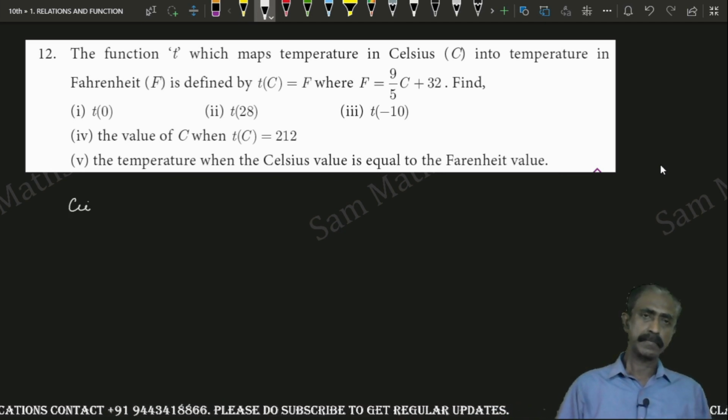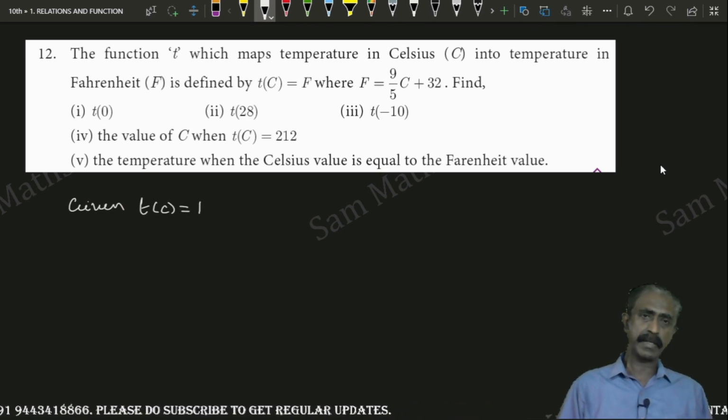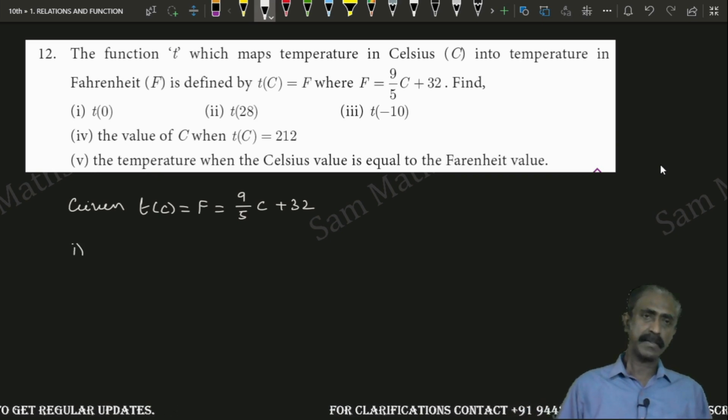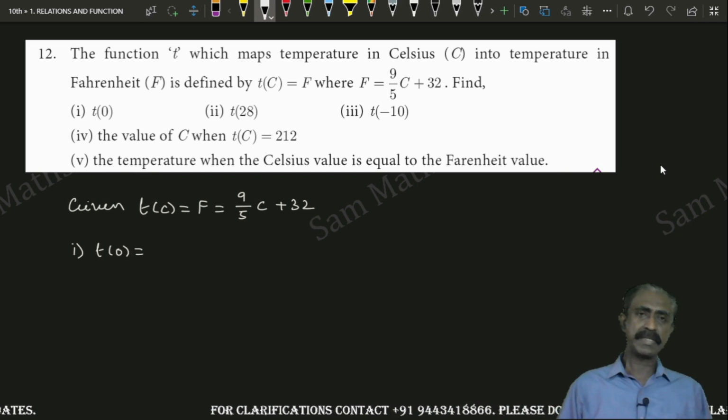Given T of C is equal to F equal to 9 by 5 C plus 32. First subdivision, we need T of 0. You put C is equal to 0, therefore we are getting 32 degree Fahrenheit.